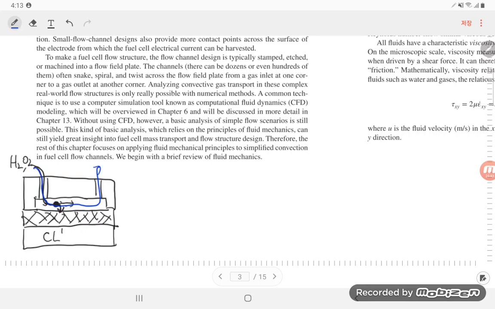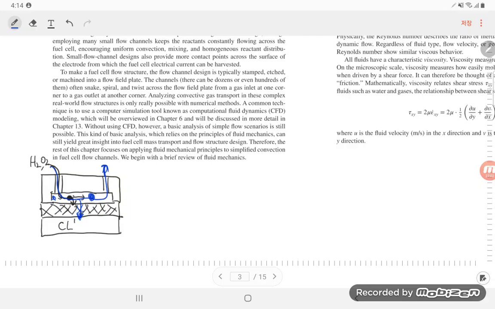Our goal is to supply the air or the hydrogen to the catalyst layer. But with a single chamber, they will just stagnate, remain in their position, or easily flow out of the fuel cell.